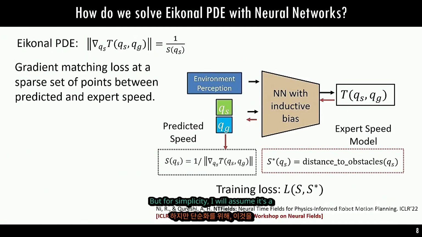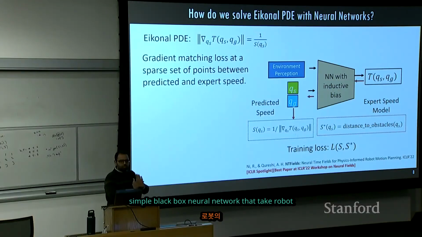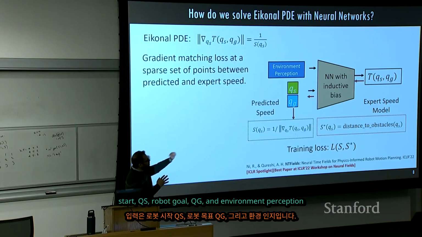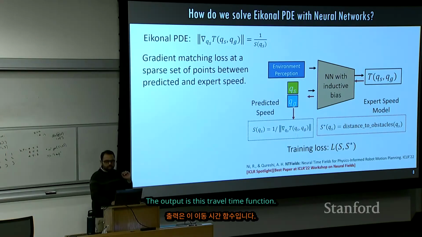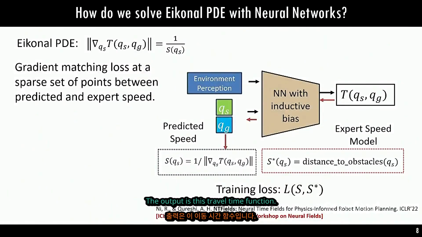But for simplicity, I will assume it's a simple black box neural network that takes robot start, QS, robot goal, QG, and environment perception as an input. The output is this travel time function. This is an unknown function, so I want to train this neural network to solve this PDE so that once trained, I have this accurate or approximately accurate travel time function.